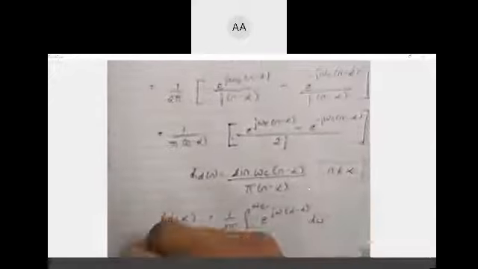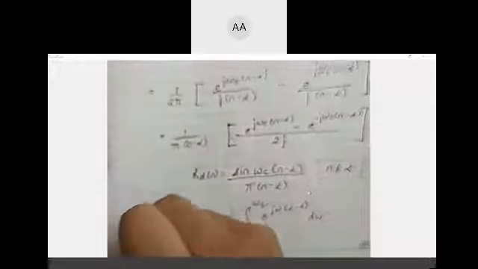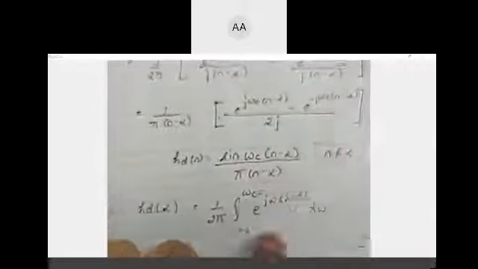For this case also you are trying to find out, that's all. This is n not equal to alpha, and this is n equal to alpha. What are you going to do? For n equal to alpha, you substitute this. What do you get? You will get e power j omega 0. Evaluate that.